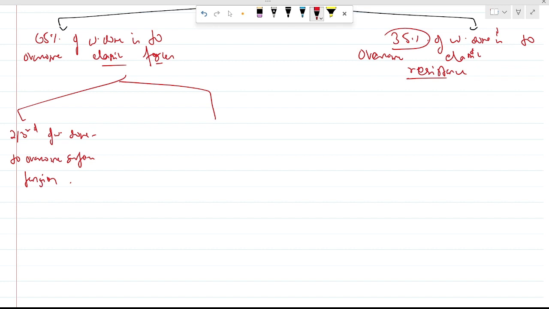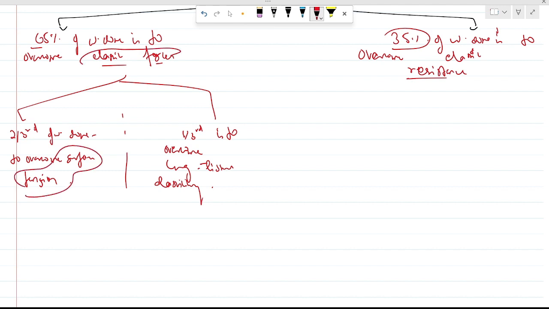The rest 1/3 is to overcome lung elasticity, lung tissue elasticity. This is the demarcation of the 65% of work done to elastic forces, out of which 2/3 is to overcome surface tension forces.